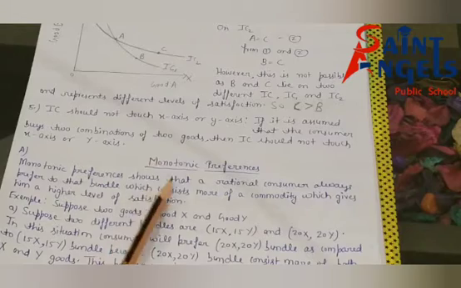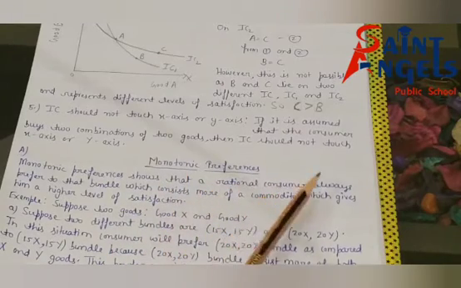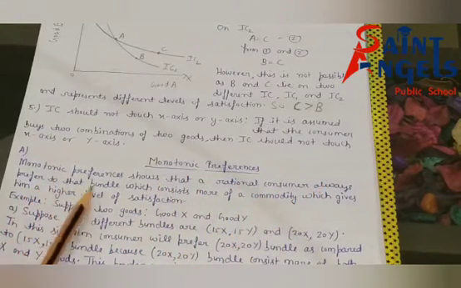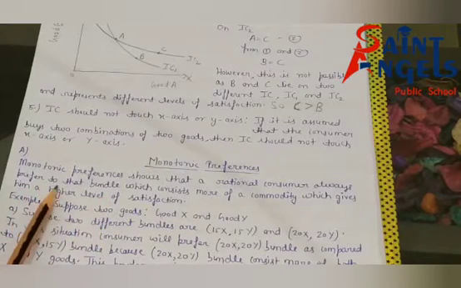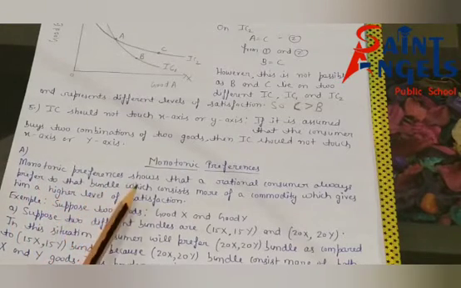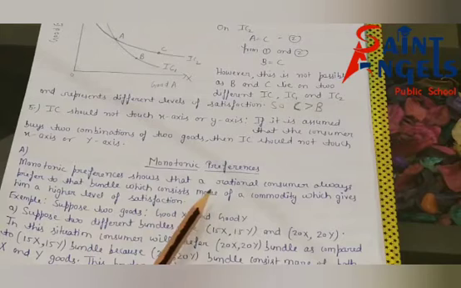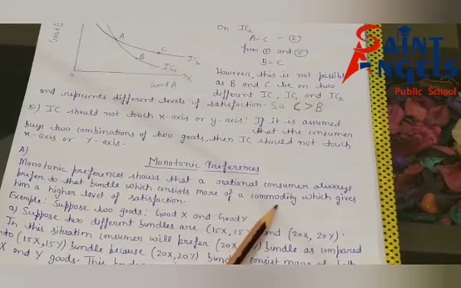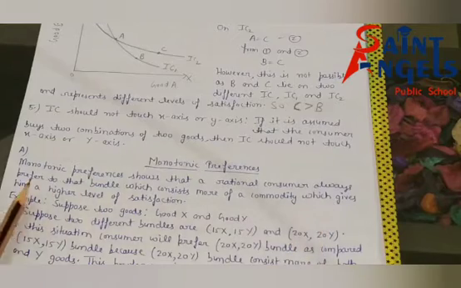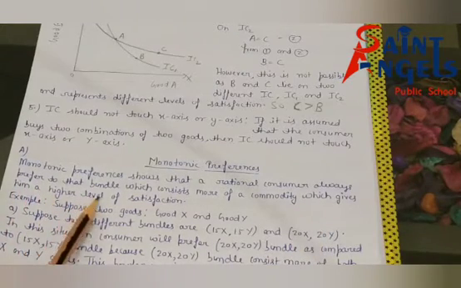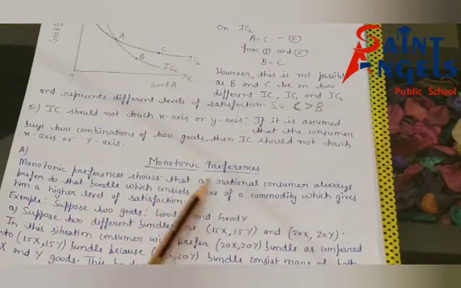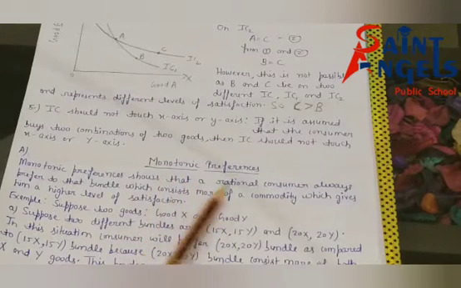Monotonic preferences shows that a rational consumer always prefers that bundle which consists more of a commodity, which gives him a higher level of satisfaction. I hope the meaning of monotonic preference is clear.